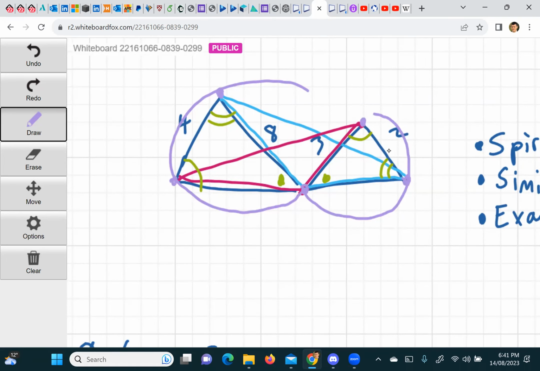And the claim is that these circles intersect at this other intersection point here.